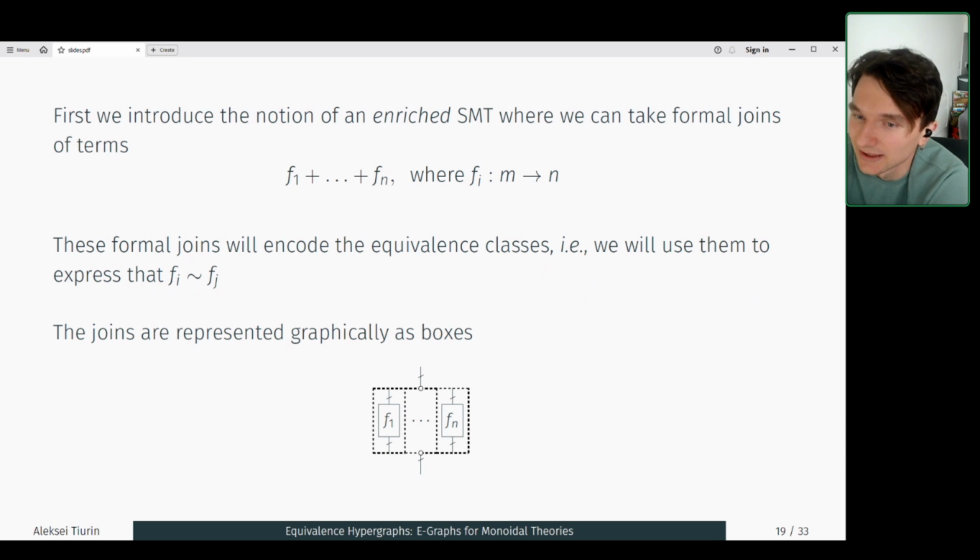We also extend the syntax of string diagrams to support such enriched symmetric monoidal theories by introducing these hierarchical boxes. The dashed vertical lines distinguish individual equivalence components of this box.